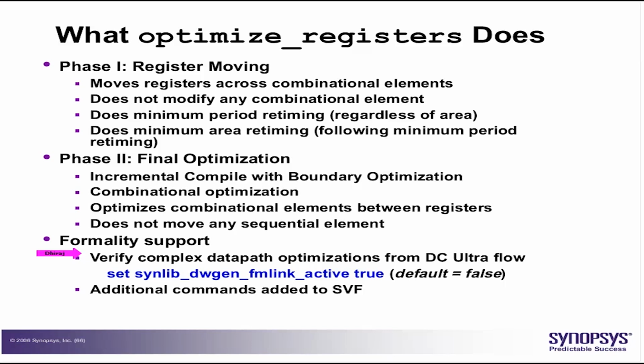And Formality considers all sequential elements as compare points. We will see that in Formality in much more detail, but it's a problem for Formality. So there should be a way by which we tell Formality, the formal verification tool, that my registers have moved. So Design Compiler provides such support where you can tell Formality in a file called SVF that my registers have moved.